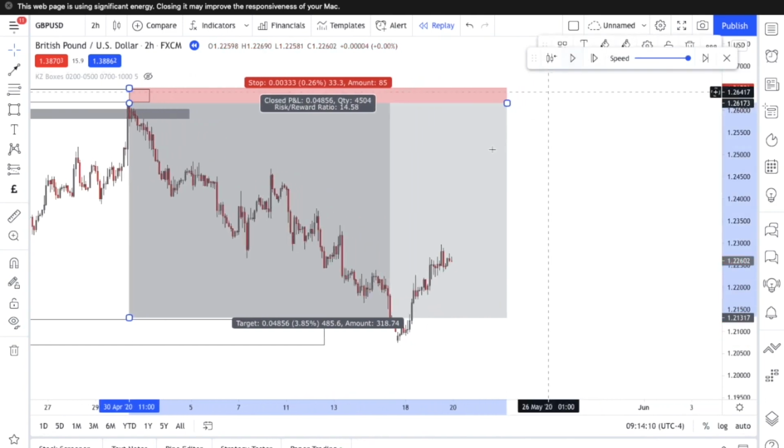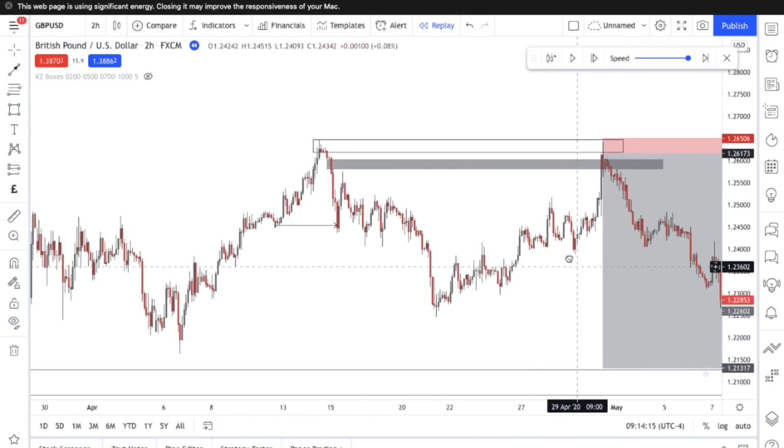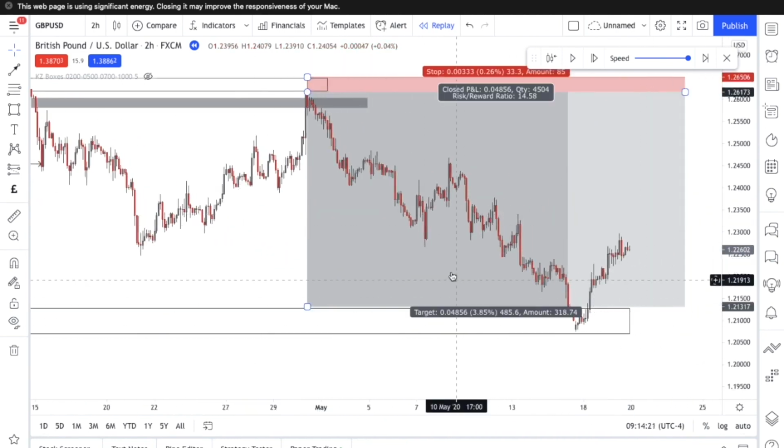There we go. And we hit our take profit. Price filled in that imbalance down here, mitigated our area of supply, filled in this imbalance, and then continued to move over to the downside. And we secured a nice 1 to 14.5.